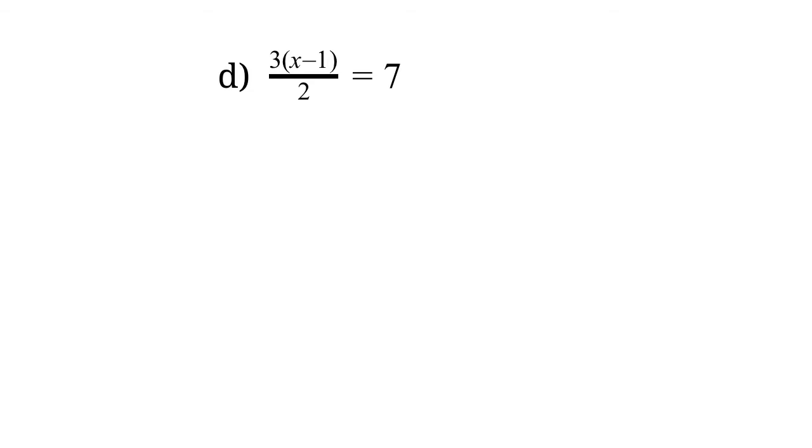So let's take a look at reviewing how to get rid of the fraction. The first thing we want to do is look at what number is in the denominator. We only have one fraction on the left-hand side of our equation, and it happens to have a 2 in the denominator. So that tells me I need to multiply both sides of my equation by 2.